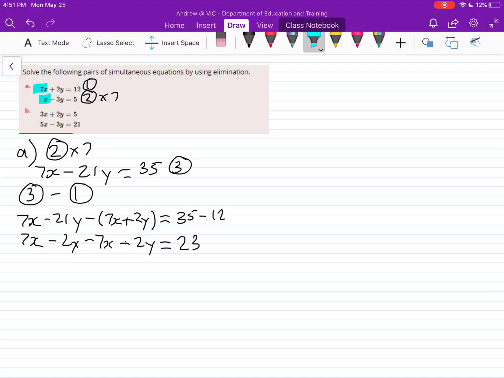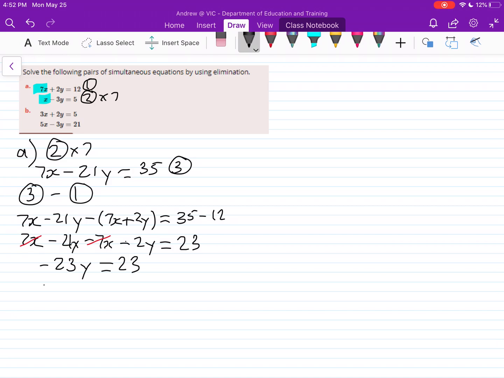Now we need to collect like terms. Our 7x and minus 7x are going to cancel out. So we are left with minus 21y, I wrote 2y. So minus 21y minus 2y, which is minus 23y, is equal to 23.